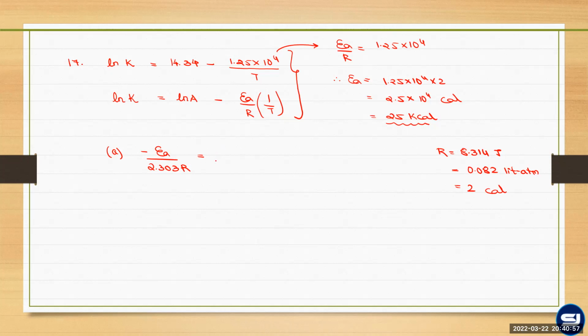करेक्ट है. But if it had been the log k to the base 10 equation, then you would have equated this term with EA by 2.303 R, जो कि आपको एक्चुअली कॉम्प्रिहेंशन में दिया है. आप देखोगे तो सिमिलर टाइप क्वेश्चन है, बट वहां पे ln k की जगह log of k to the base 10 दिया है. तो उस केस में जो आपका 1.25 into 10 raised to 4 है ना, that would get equated to this term.